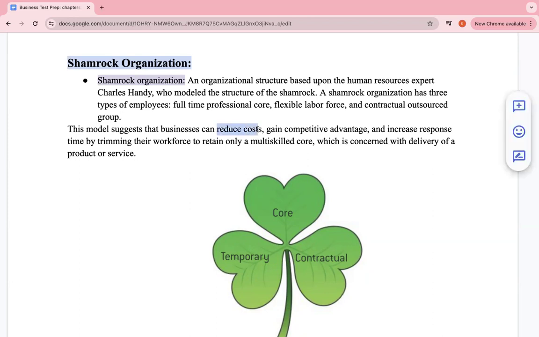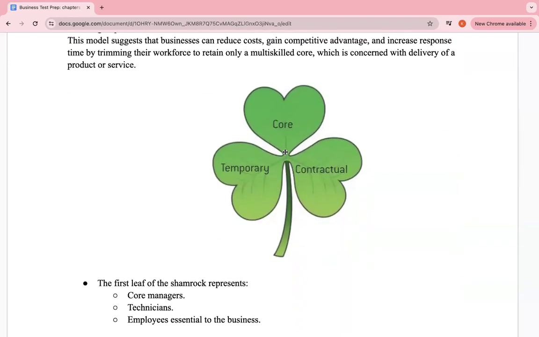So this model suggests that the business can reduce costs, gain competitive advantage, and increase response by trimming their workforce to retain only a multi-skilled core, which is concerned with the delivery of the product or service. Basically, the whole point of the Shamrock organization is to make sure that the delivery of the product and service is at the highest quality possible. The first leaf of the Shamrock represents core managers, technicians, employees essential to the business.